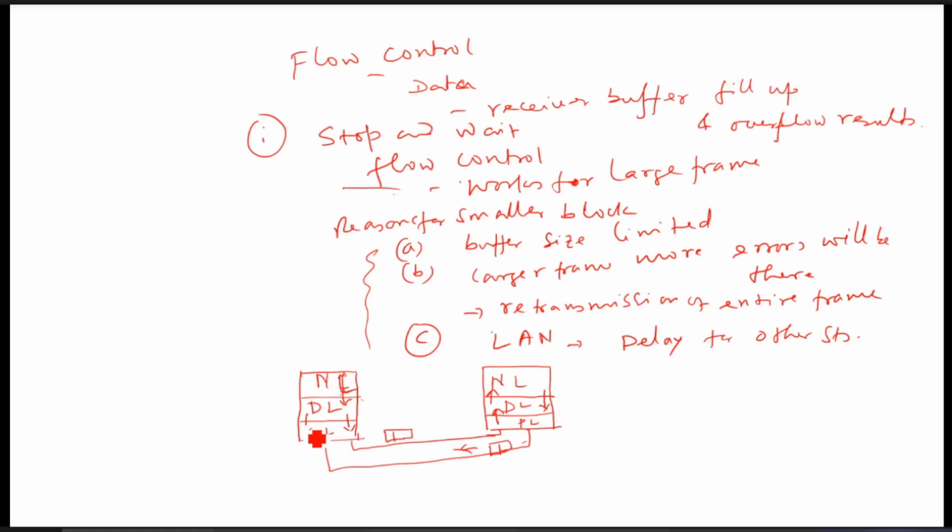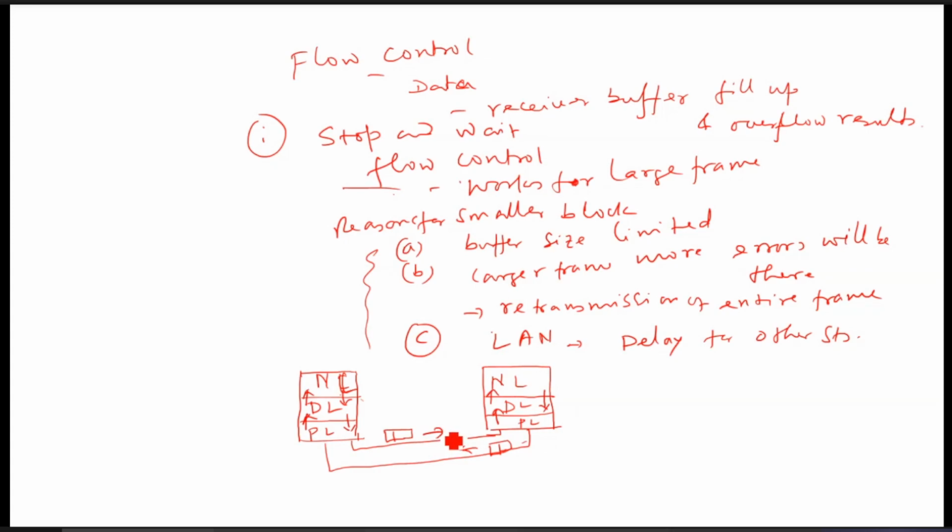So in this case you see stop and wait flow control. The sender sends one frame and stops until it receives the acknowledgement from the receiver, which means it is okay to go ahead.